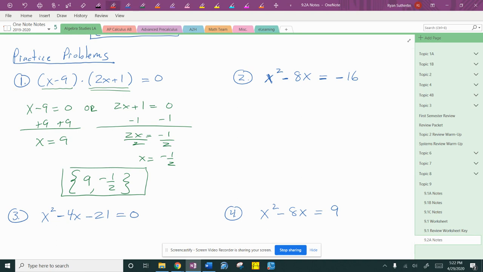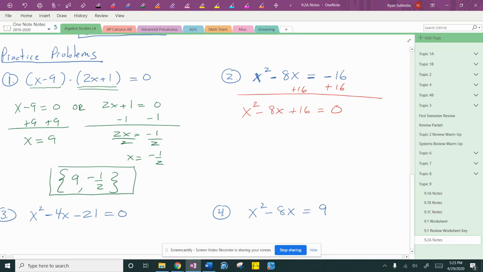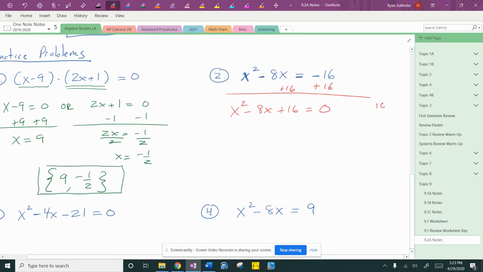For number 2, it's not equal to 0 yet. So the first thing I need to do is add 16 to both sides. So I have x squared minus 8x plus 16 is equal to 0. So now I have it equal to 0. Now I need my factors of 16 that add to be negative 8.